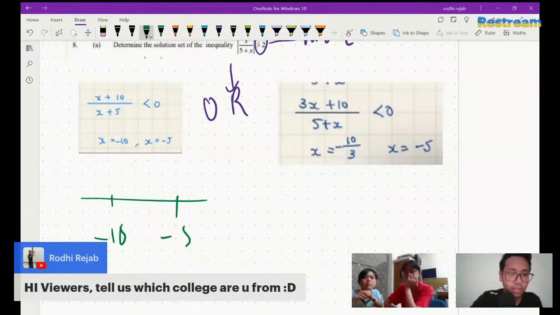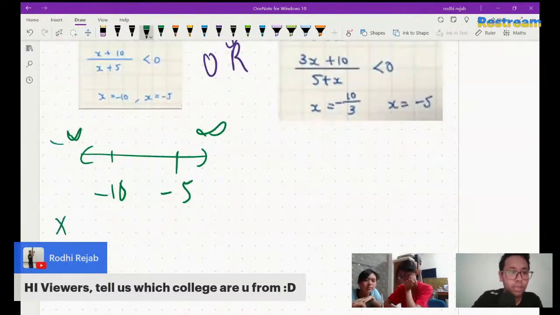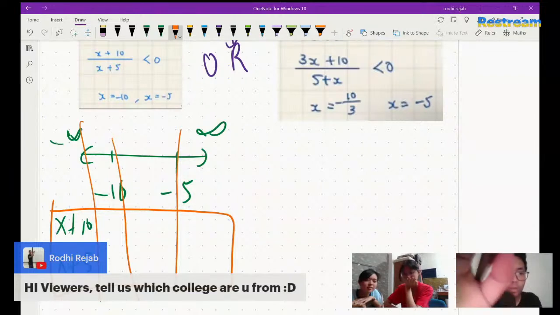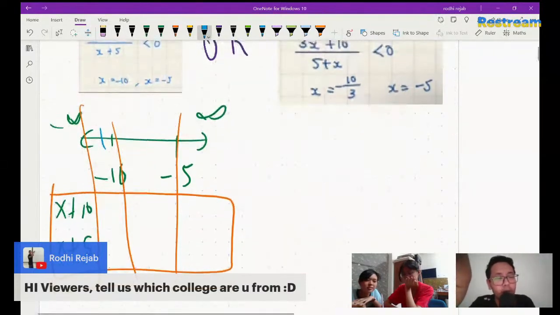-10, -5, negative infinity, infinity. So x plus 10, you need to do the table separately. You cannot combine them. Then choose any number between negative infinity and negative 10.